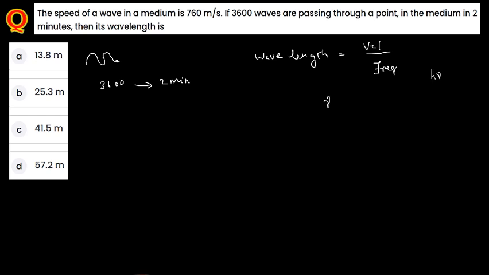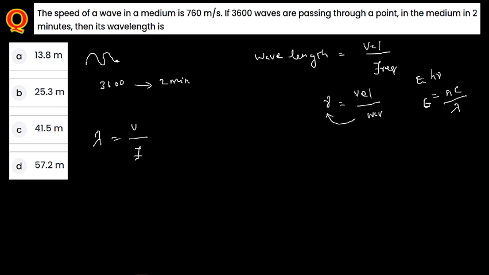From here, nu is c by lambda. According to this concept, frequency nu is equal to velocity divided by wavelength, so wavelength is equal to velocity divided by frequency.